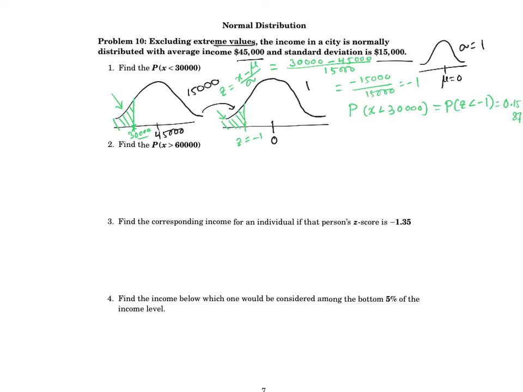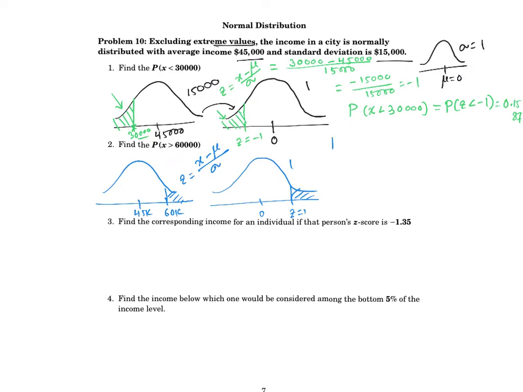Similarly, x greater than 60,000 is going to be just on the other side, right? This is mu, 45k, and you want to go to 60k, and this is moving one standard deviation to the right, so all the area to the right. If you go to the standard normal distribution with a mean of 0 and standard deviation 1, and do the calculation using the z formula, z equals x minus mu over sigma, you will find z to be 1, and that's this area.